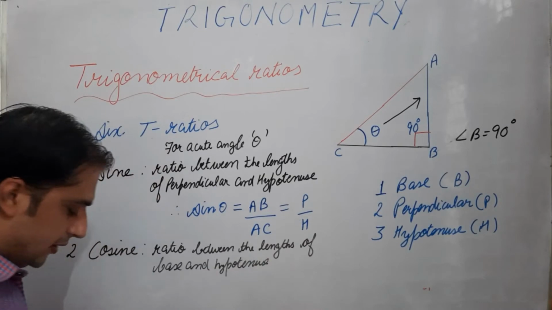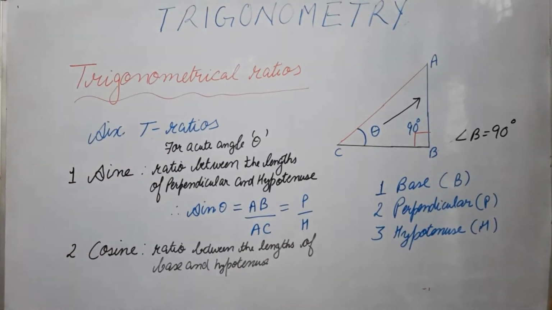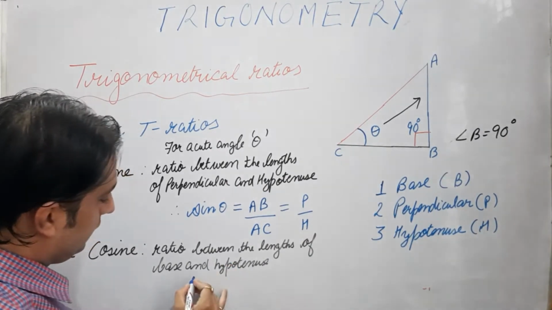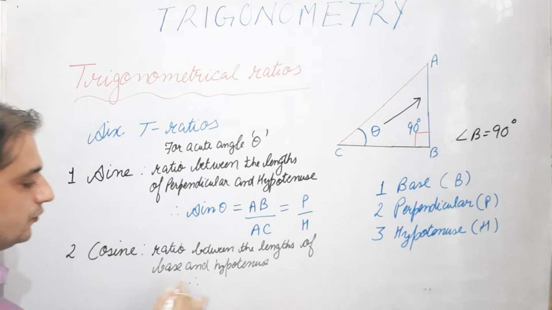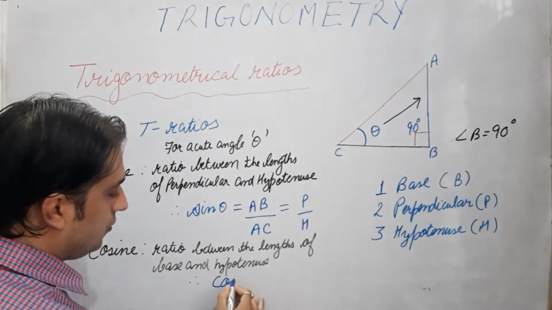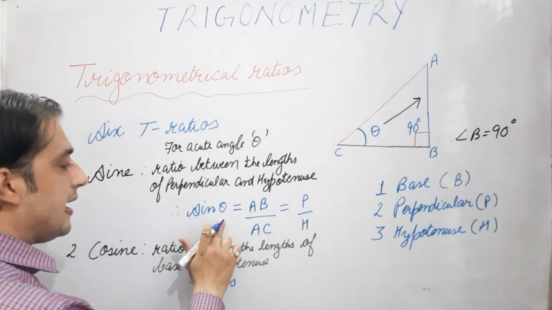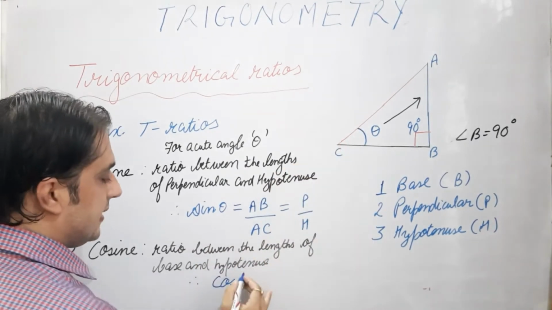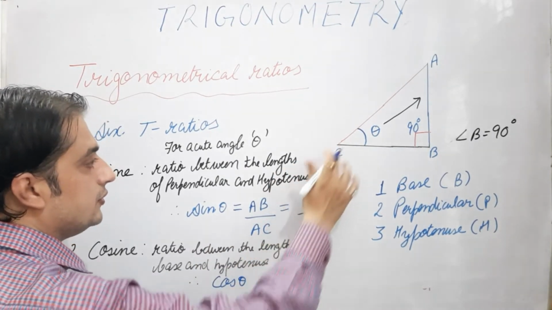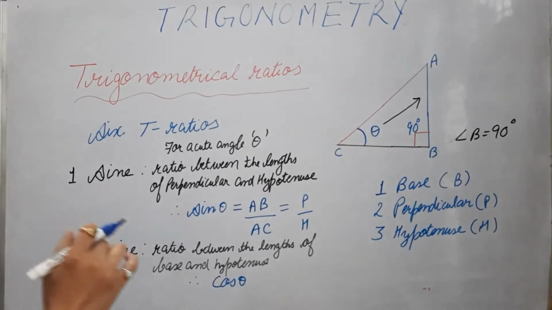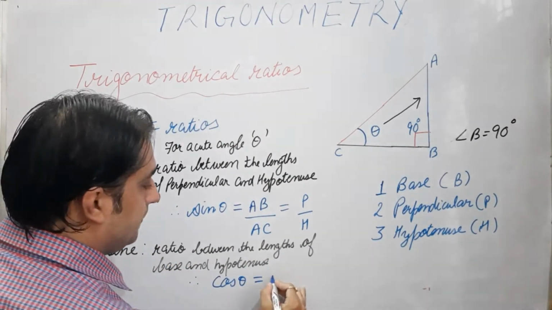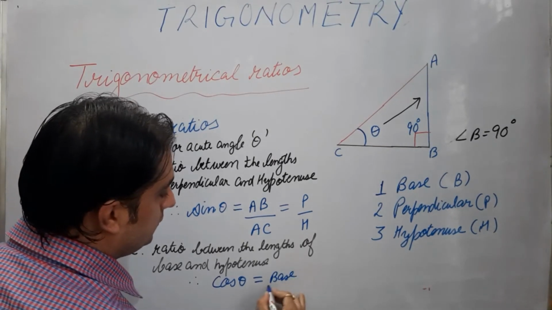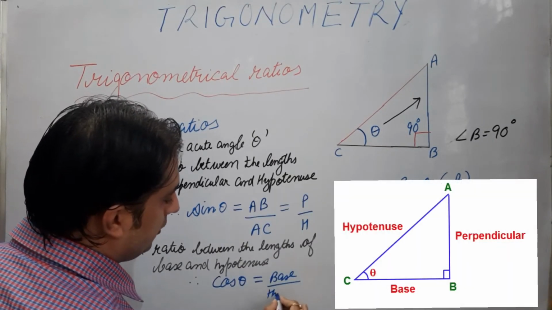So इसमें जो आपने two sides consider करनी है, that is what the two sides are. If I write over here cosine, the full name is cosine. In short, we write cos, and with the angle which we are talking about, that is angle C or angle theta, just to denote the angle, that is equal to base upon hypotenuse.